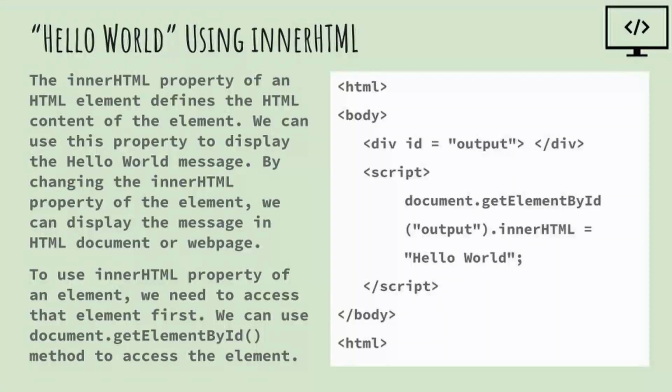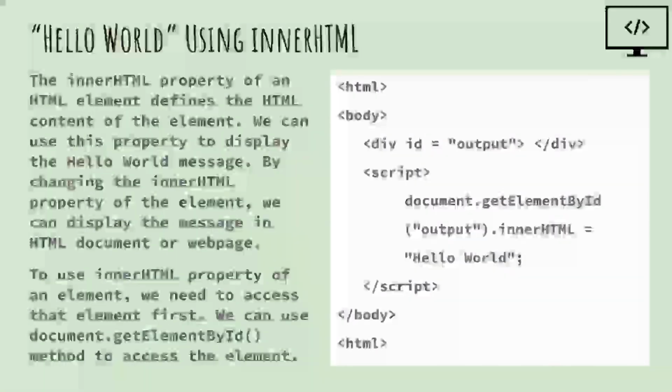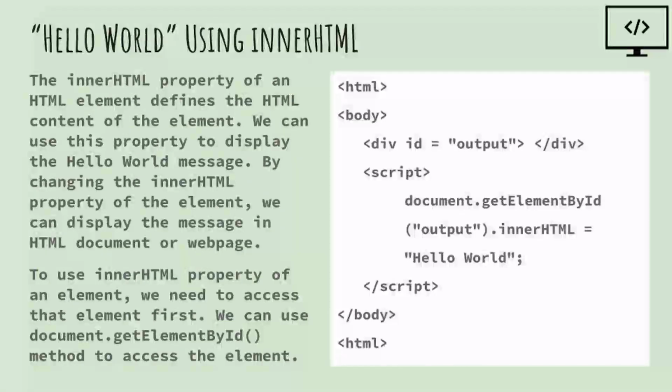Our fourth program is Hello World using innerHTML. innerHTML is a property of an HTML element that defines the HTML content of the element. We can use this property to display the Hello World message. By changing the innerHTML property of an element, we can display a message in an HTML document or a web page.